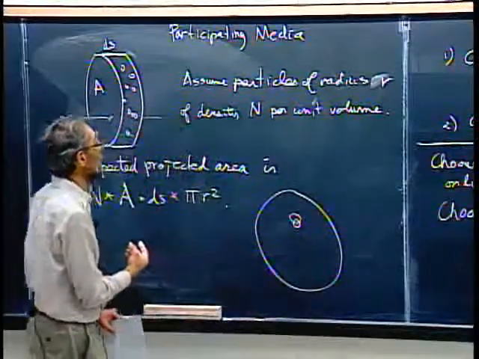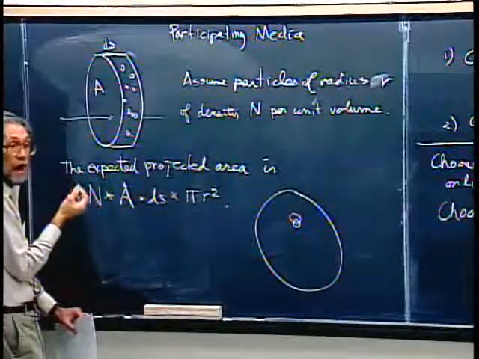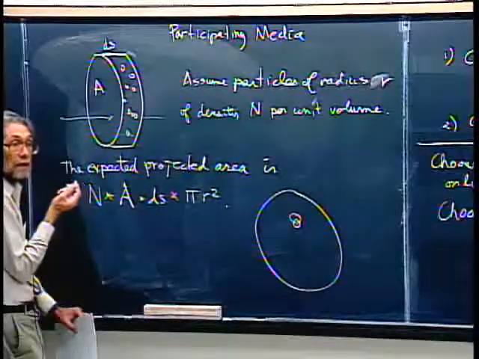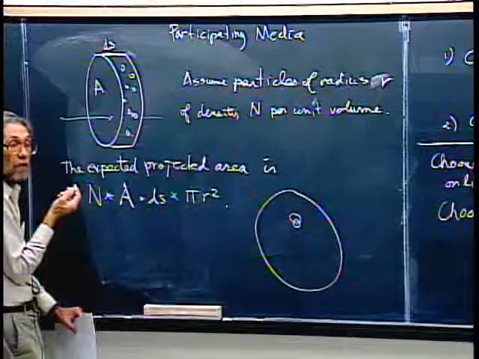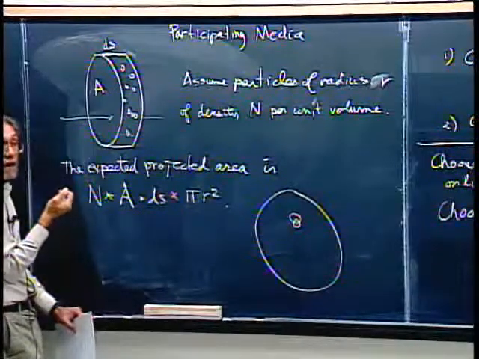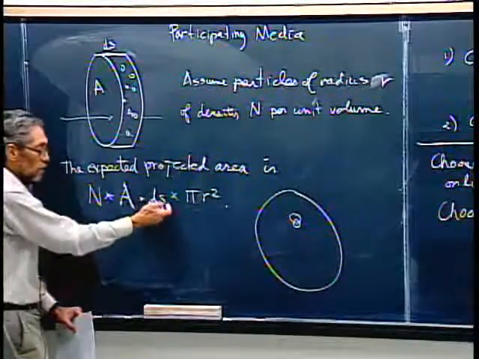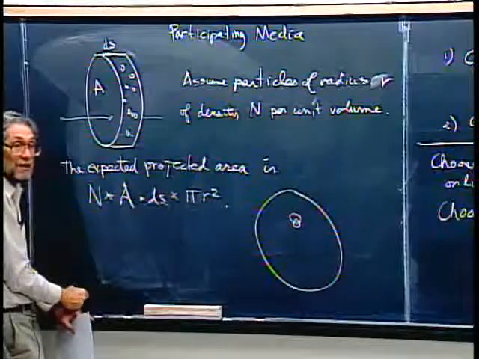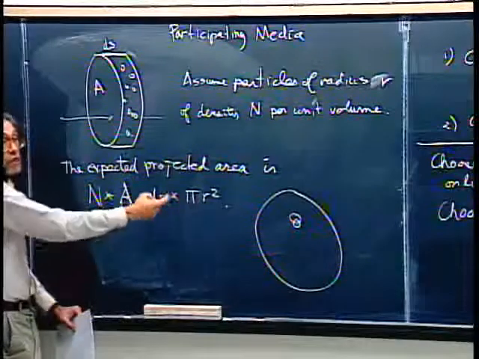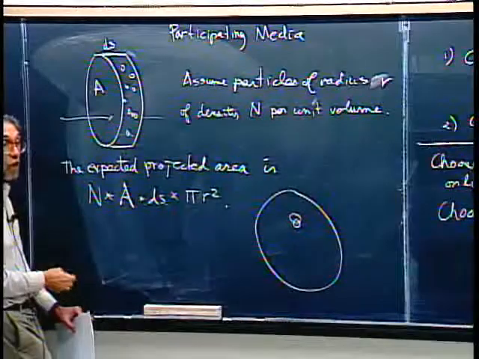But if you make the slab thin enough, the chance of overlap goes to zero, basically of order the square of the probability of finding a particle in any position, because you've got to find two there. Whereas the density of this projected area only goes to zero proportional to the thickness. So eventually, if you make the slab thin enough, you can neglect the overlap, and we're going to take the limit as ds goes to 0. So we'll just assume then there is no overlap.